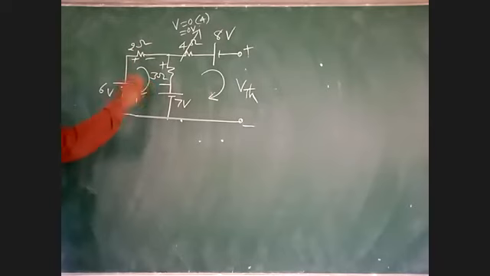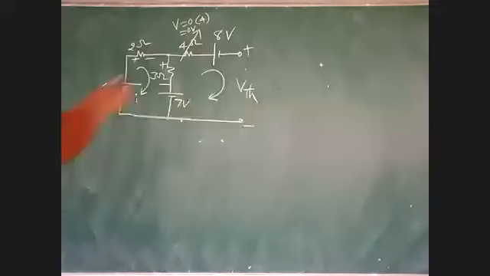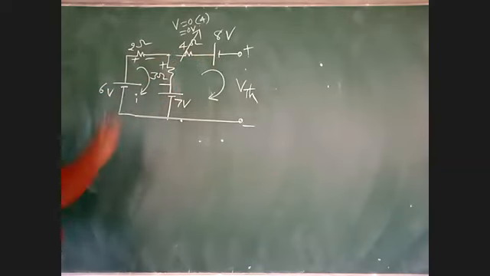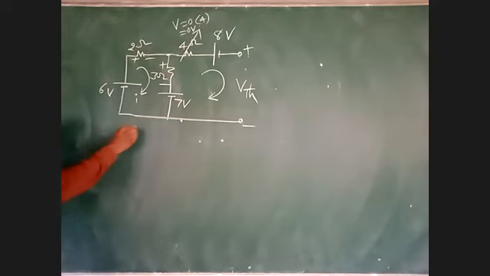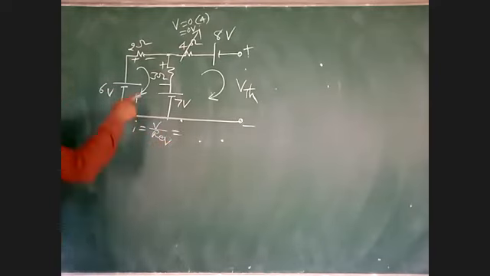Now here, 2 and 3 are series or parallel? Series. Why? Because in this branch the current is 0, so the current is not dividing here. 2 and 3 are in series. That means I can write I is equal to V by R equivalent. See the I direction.